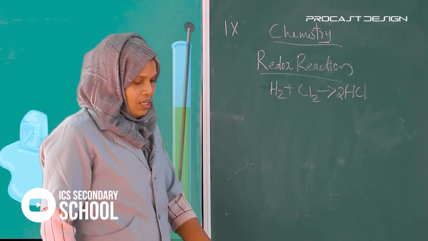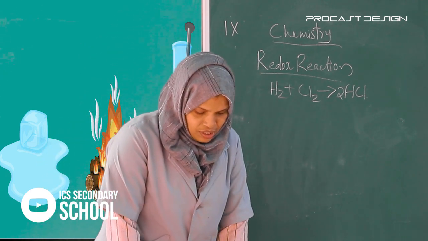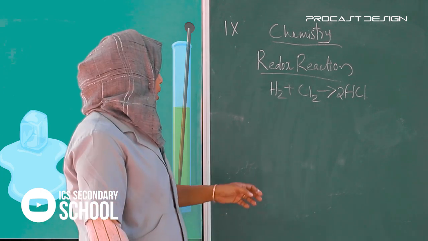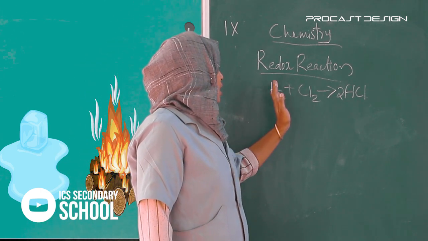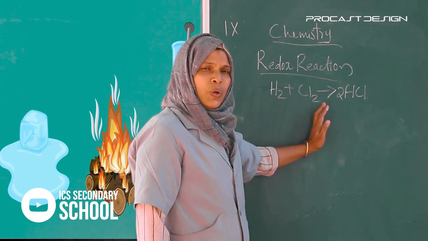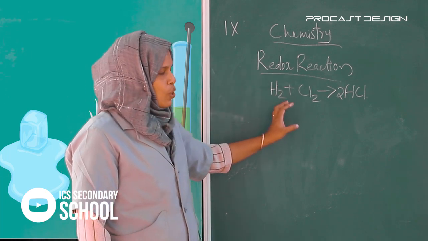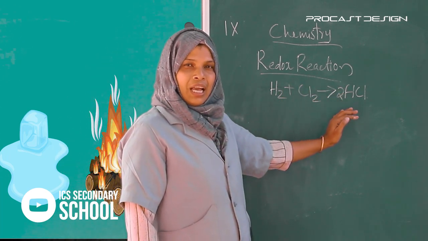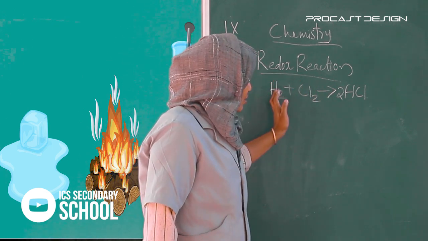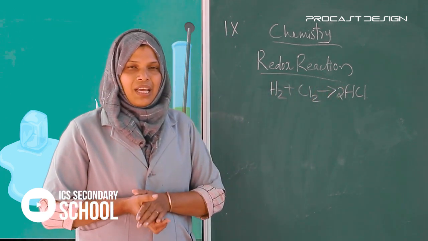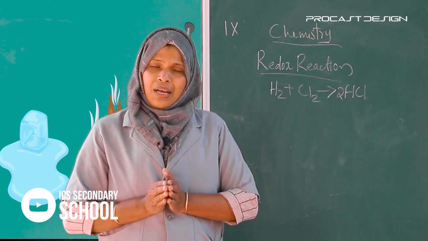In this reaction, which atom undergoes oxidation? Hydrogen undergoes oxidation and chlorine undergoes reduction. These two reactions together constitute the complete chemical reaction. When oxidation and reduction take place, that reaction becomes complete.